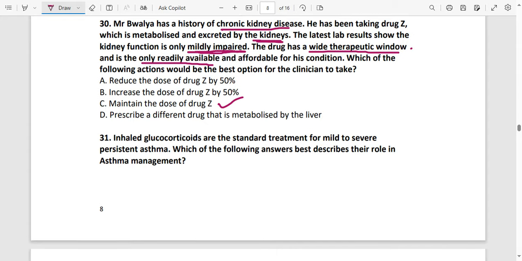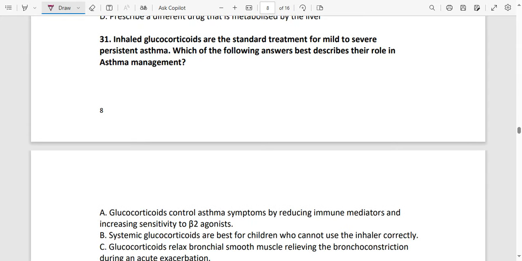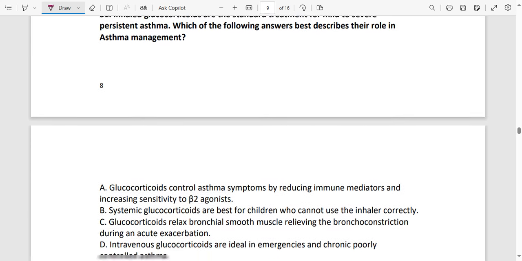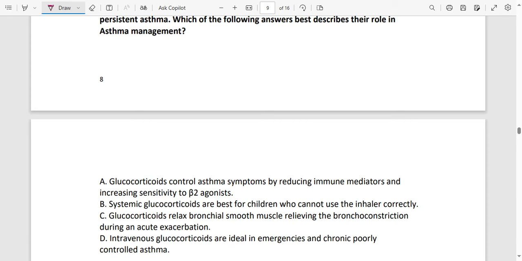Okay. Number 31. Inhaled glucocorticoids are the standard treatment for mild to severe persistent asthma. Which of the following answers best describe their role in asthma management? Remember, it's the inhaled glucocorticoids. A, glucocorticoids control asthma symptoms by reducing immune mediators and increasing sensitivity to beta 2 agonists.